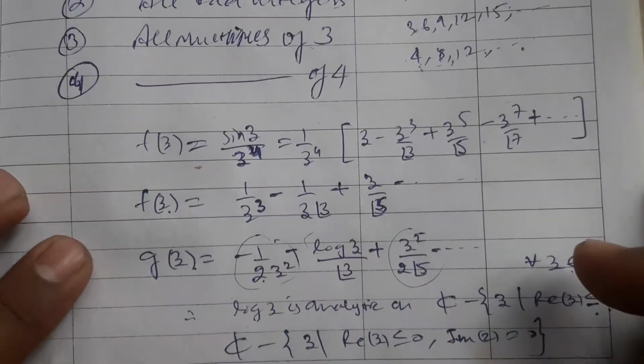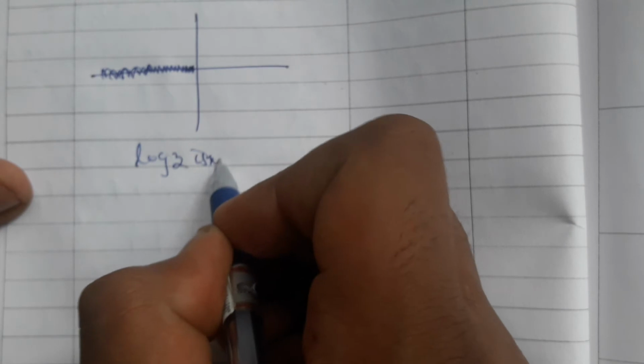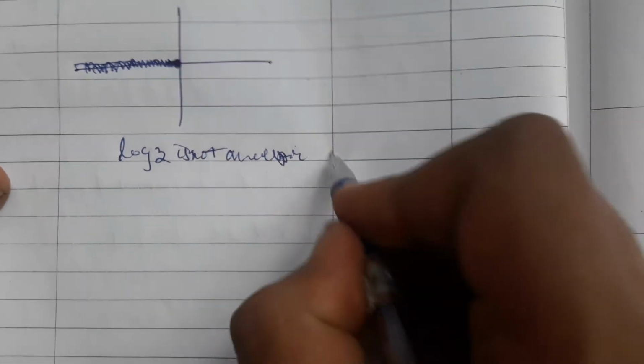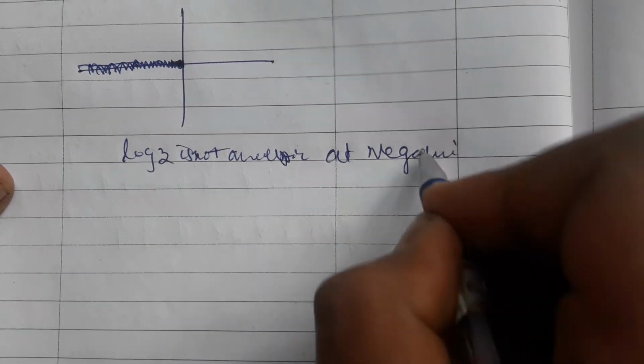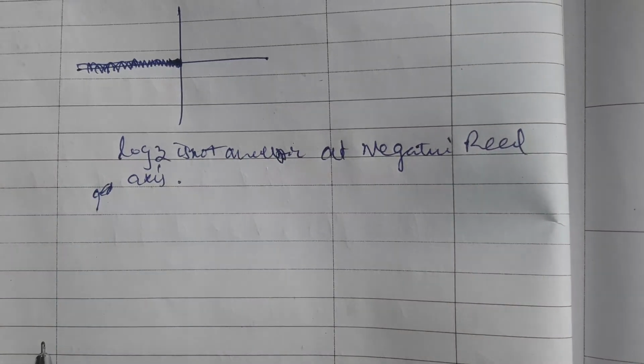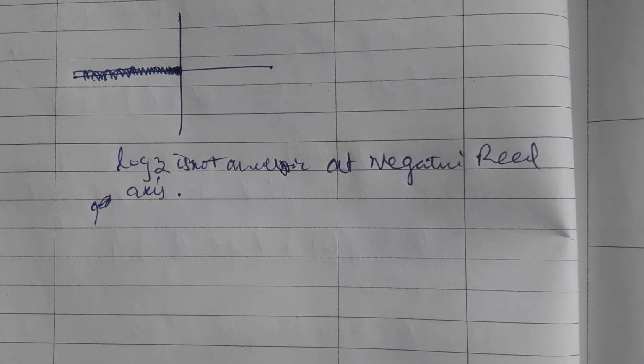Since this is my complex plane, log z remains undefined on the negative real axis, so it is not analytic there. It is also not analytic at 0, but 0 is already discarded.